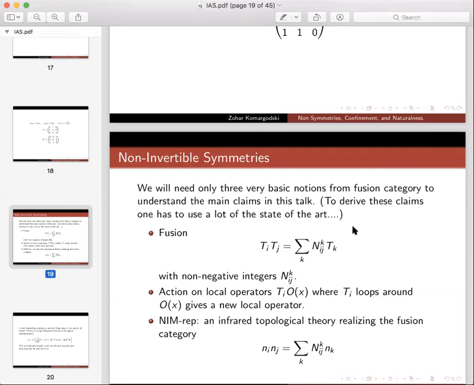No, it only contains information about the degeneracies. Oh, it does not contain information about the algebra. No, it does not. It only contains information about the number of topological endpoints. I see.